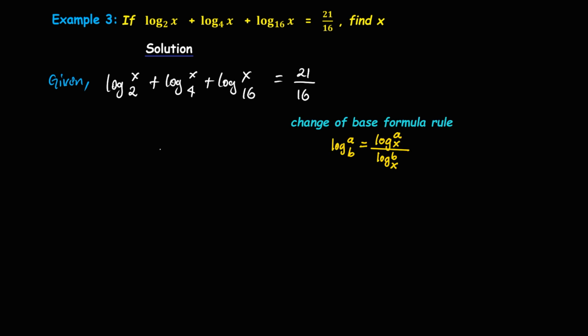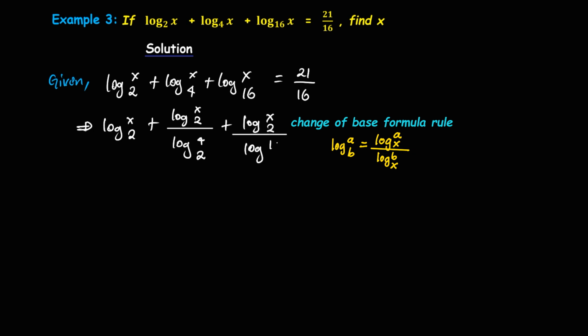This implies that we have log of x to base 2 plus log of x to base 2 divided by log of 4 to base 2 plus log of x base 2 divided by log of 16 base 2, and this should equal 21 over 16.